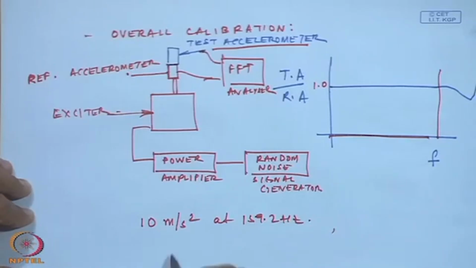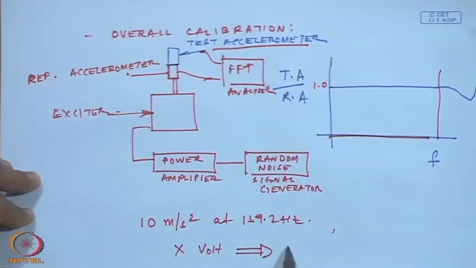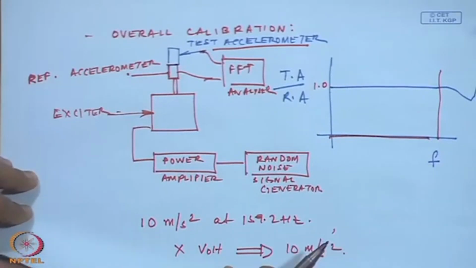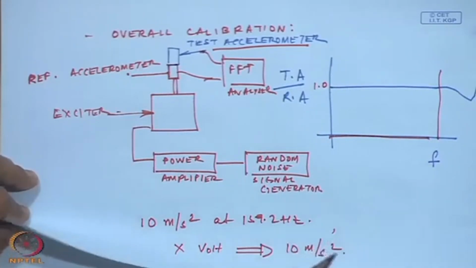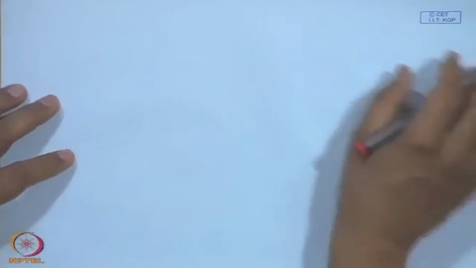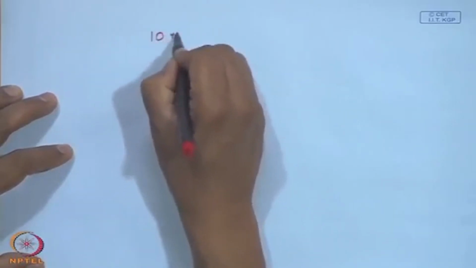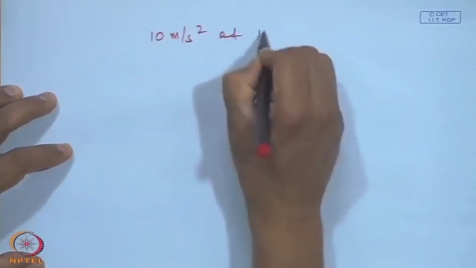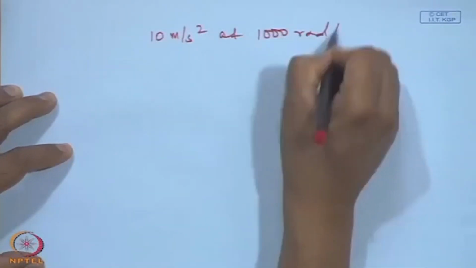Or if I get some x voltage in the system, I know this corresponds to 10 meters per second square. Okay. This can be done. So, this is very, very important, and as you know, there is a relationship between this 10 meters per second square at 1000 radians per second.